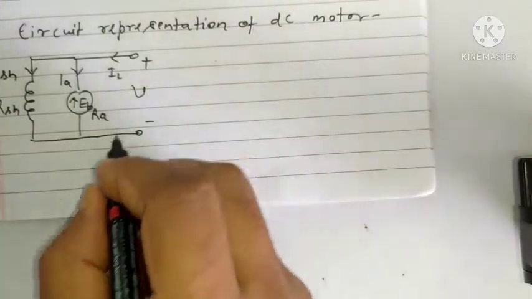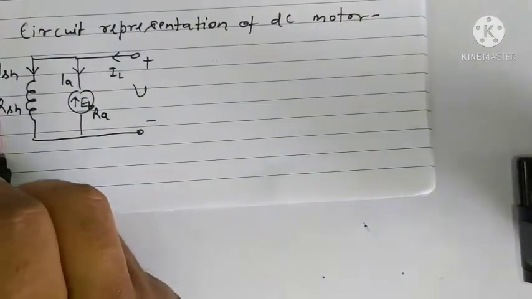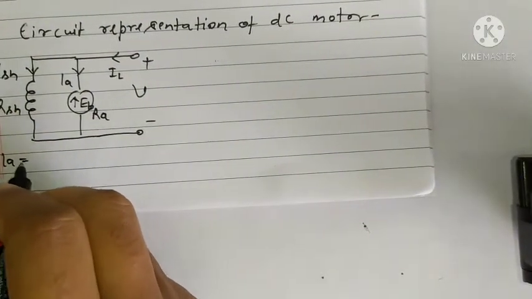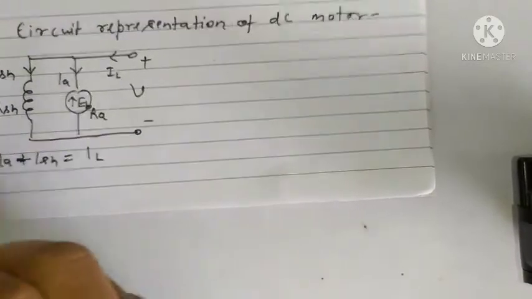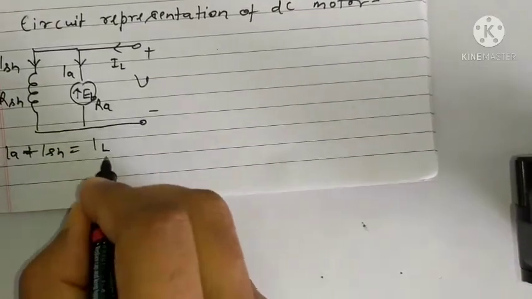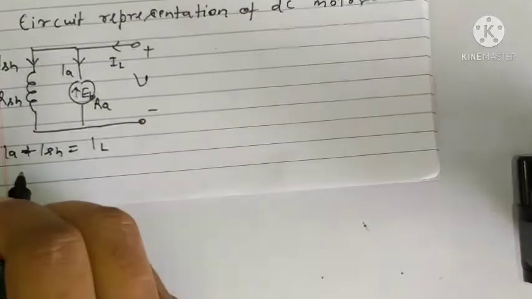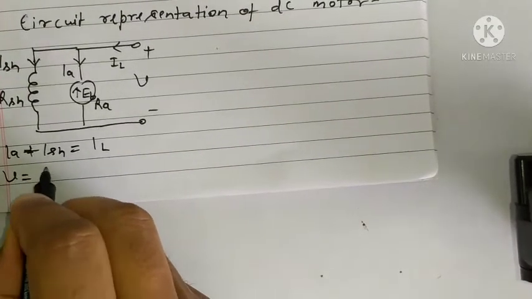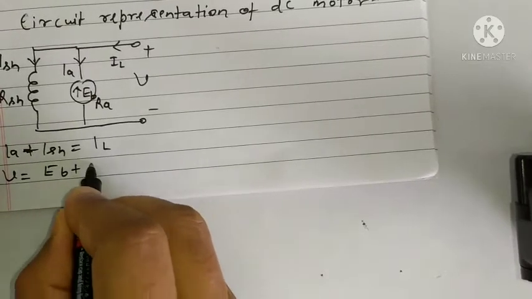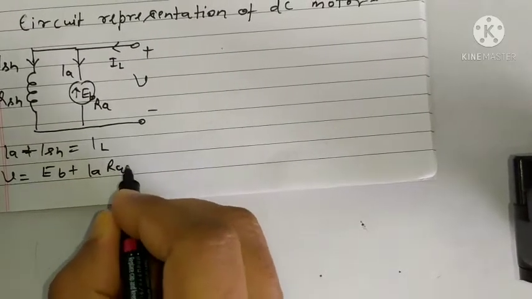So here it will be written as IA plus ISH will be IL, and if I have to write its voltage equation, it will be V equal to EB plus IARA.